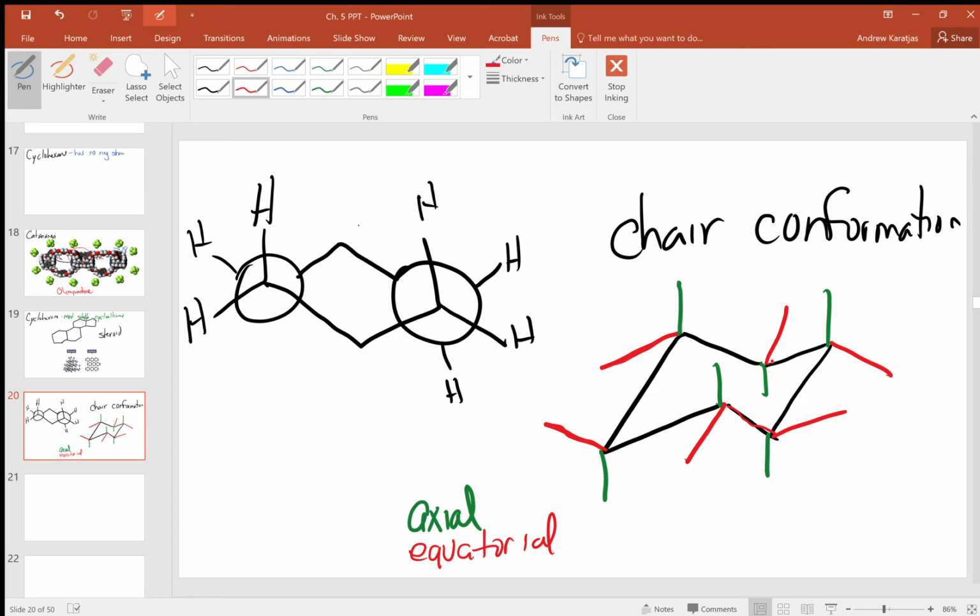This one is parallel here, and so on. And so the chair conformation for cyclohexane is so stable, again, because if we think of it in its Newman projection, all of the bonds are staggered, and we know that that's better.